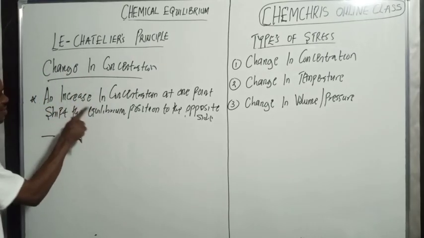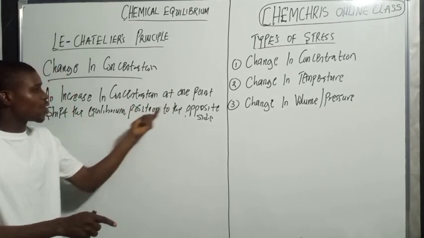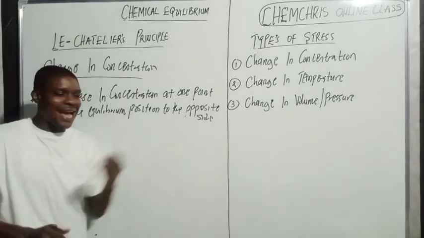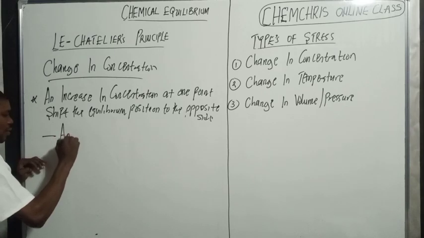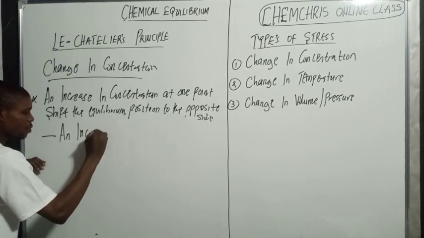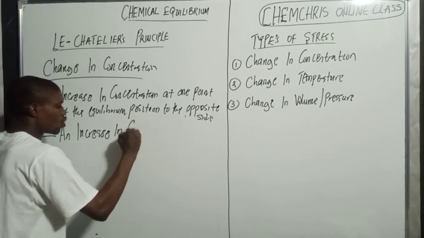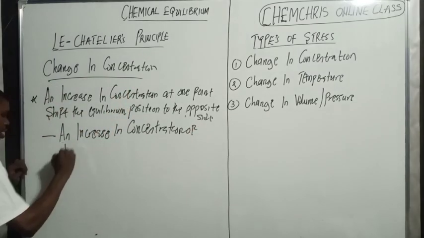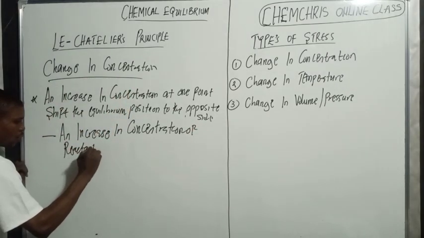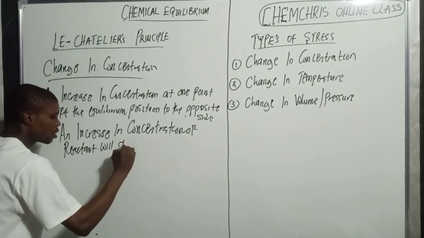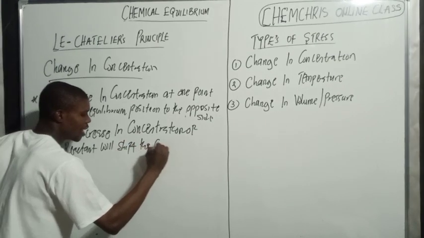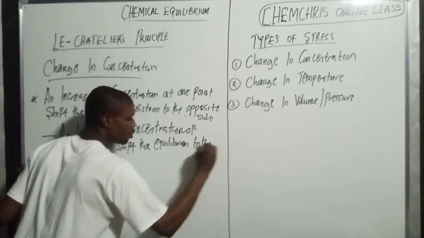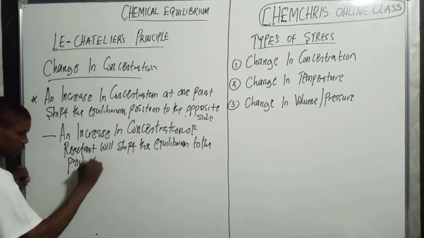So that means that an increase in concentration at one point shifts the equilibrium position to the opposite side. What I mean is that an increase in concentration of the reactant will shift the equilibrium to the product side.